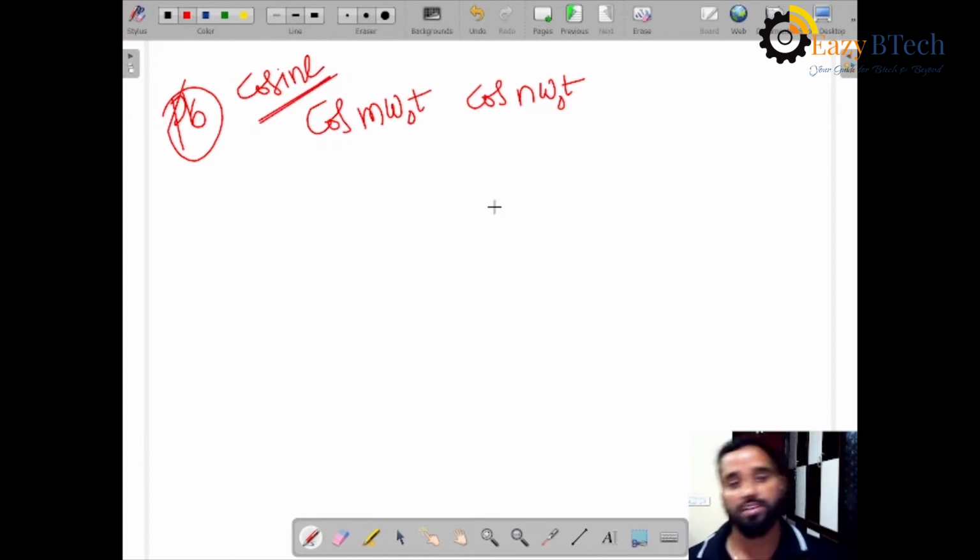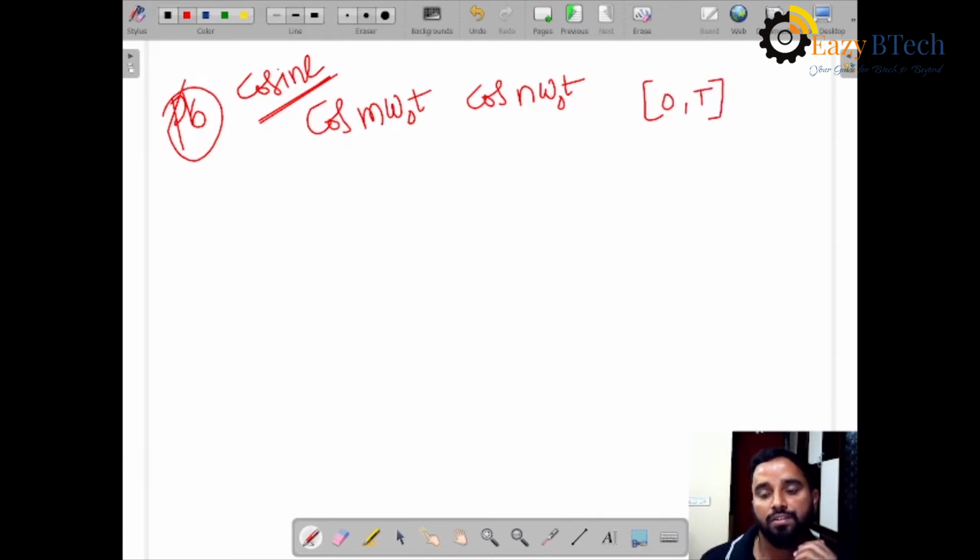I am taking cosine functions. So check whether these are orthogonal or not over the same interval, 0 to T, for m not equal to n.